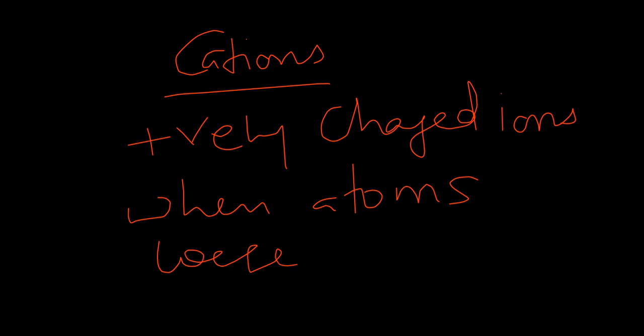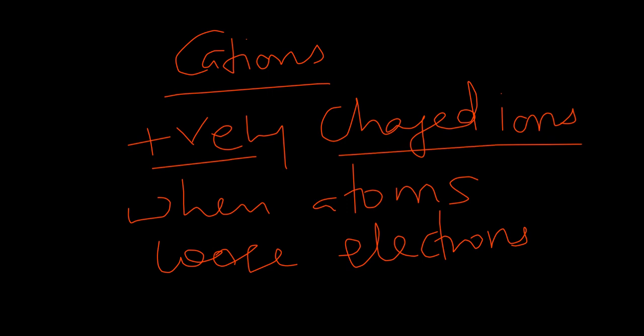So we need you to remember this. Cations are positively charged atoms or ions that are formed when atoms lose electrons. What about anions? Anions are the opposite.